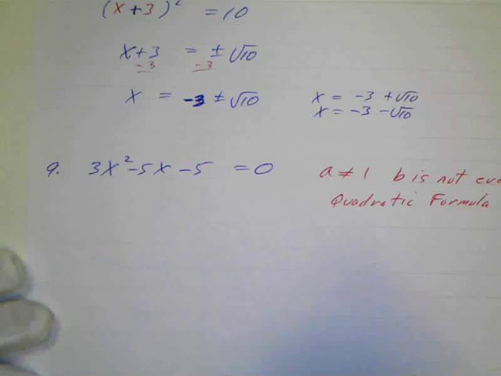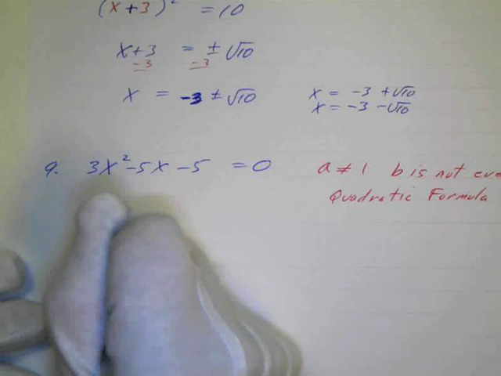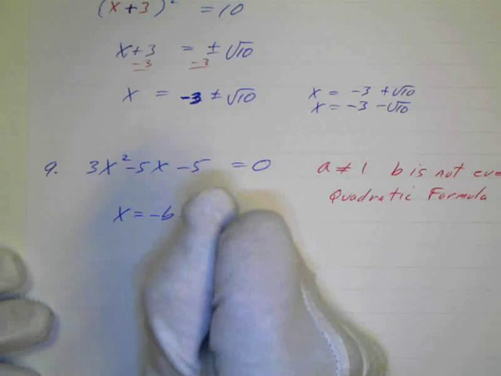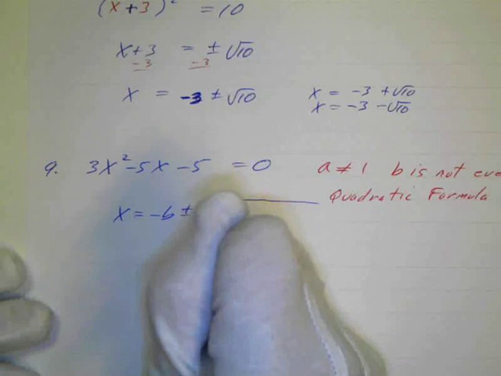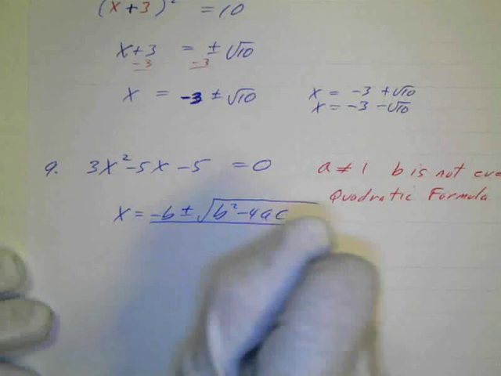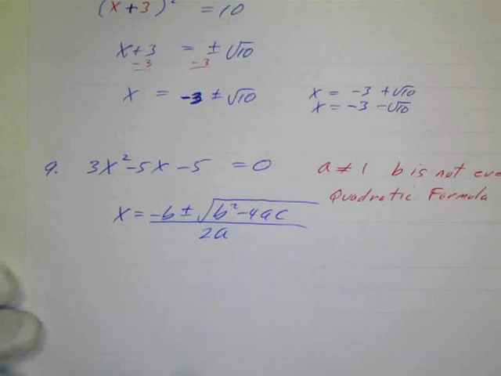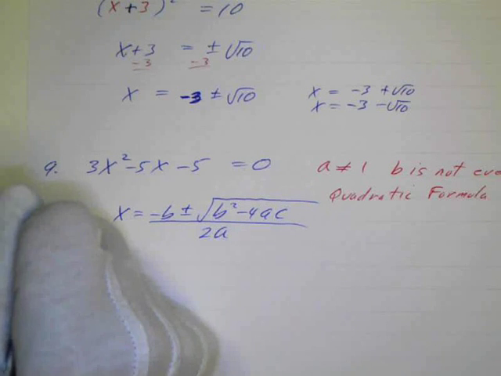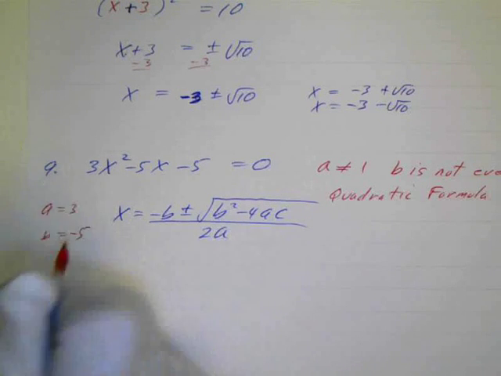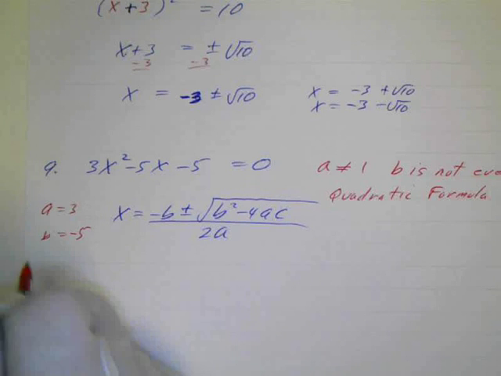Remember, first of all, we write down the formula: x equals minus b plus or minus the square root of b squared minus 4ac, all over 2a. And what's a? a is going to be 3. b is going to be negative 5. And c is negative 5.